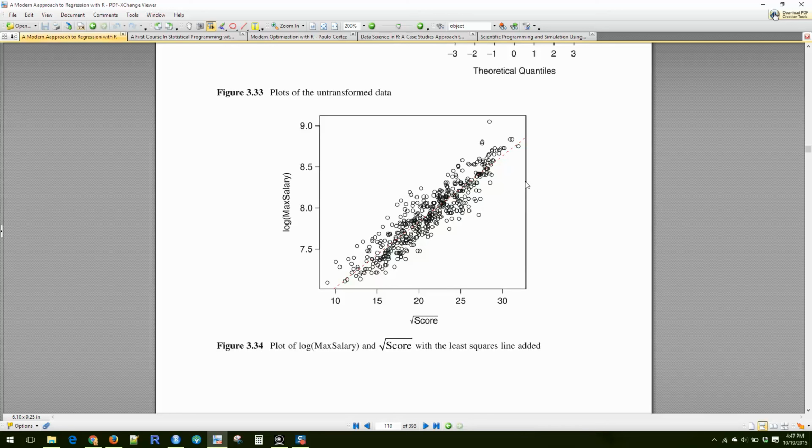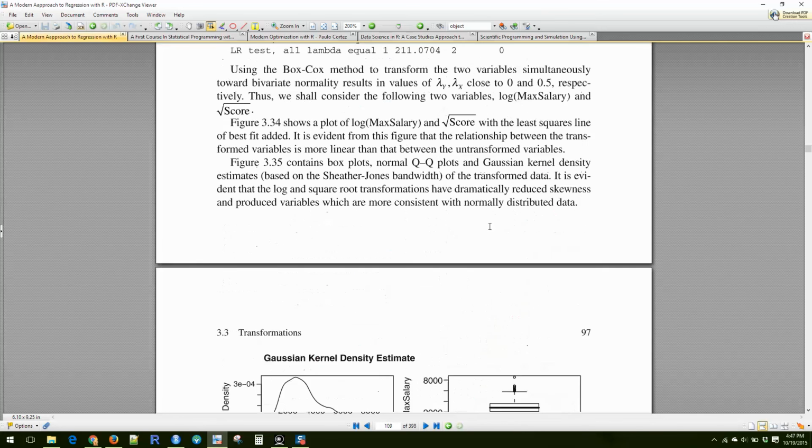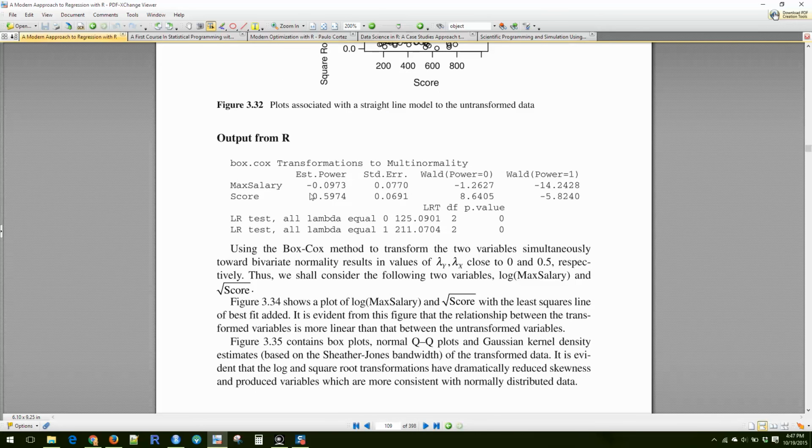Yes? How is minus 0.09 the same as 0, or lead us to do the log transformation? So remember, this is our estimate of lambda. Right. Okay, and so we say this is pretty close to lambda being 0, and lambda 0 is the log transformation.